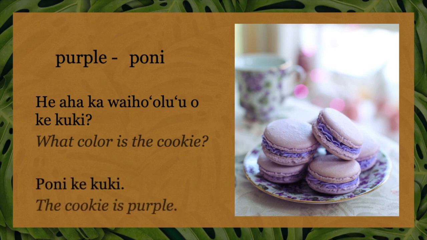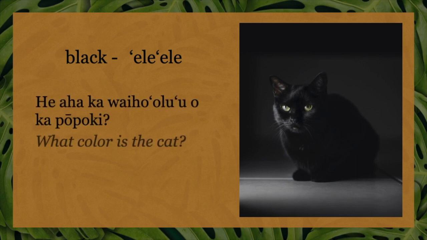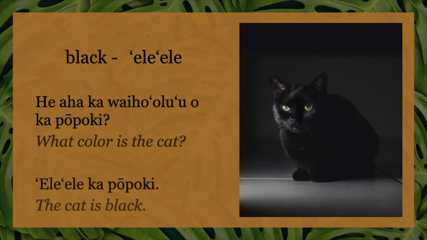Poni ke kuki. The cookie is purple. Black, ele ele. He aha ka waiho'olu'u o ka pōpuki. What color is the cat? Ele ele ka pōpuki. The cat is black.